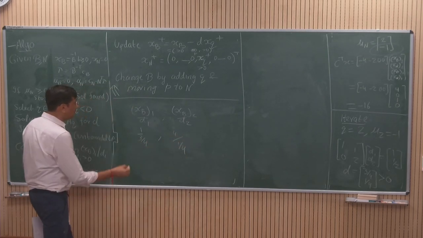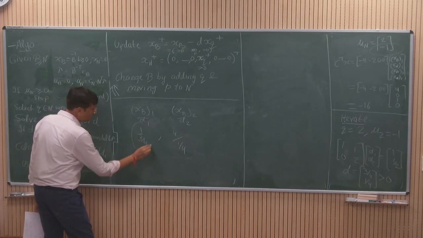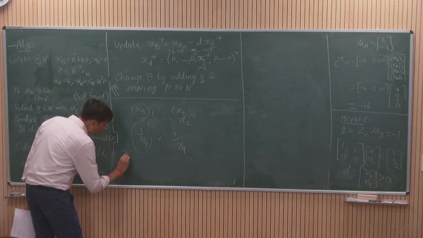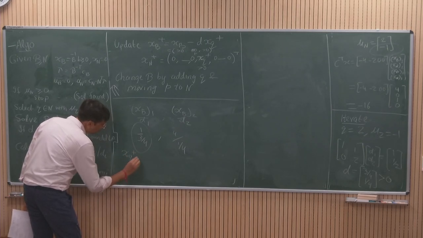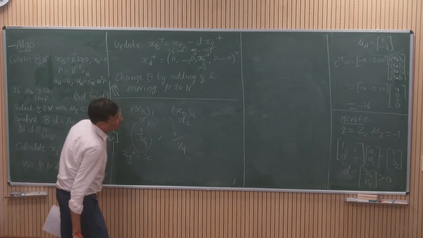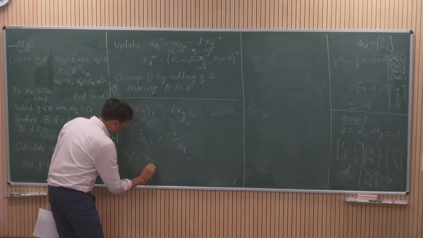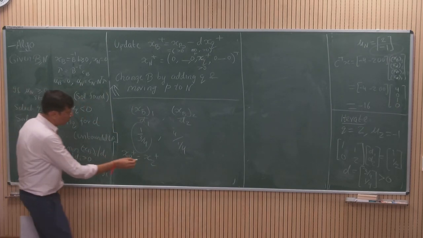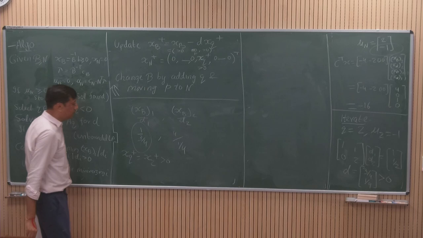So which is the minimum value? 4 by 3, which means that this is your xq plus. q is 2 now, so this is x2 plus, which is greater than 0.